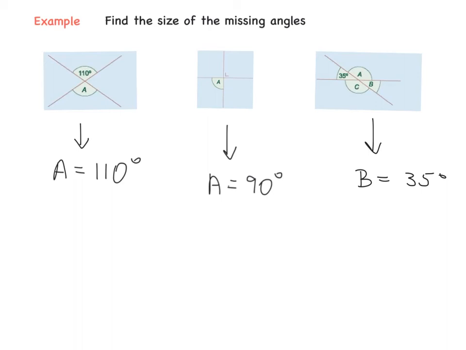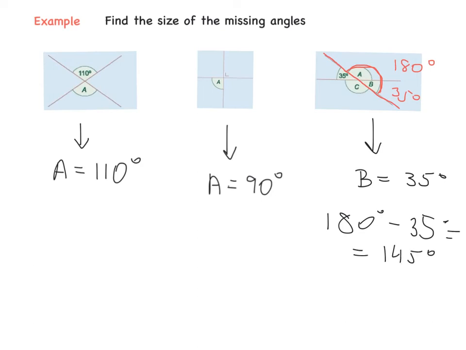How to find A and C? So let's start with A. We can use another thing in maths. We have a straight line here, so the angles on a straight line add up to 180 degrees. If we know B is 35 degrees, we can simply find what A is. So 180 degrees minus 35 degrees is 145 degrees.